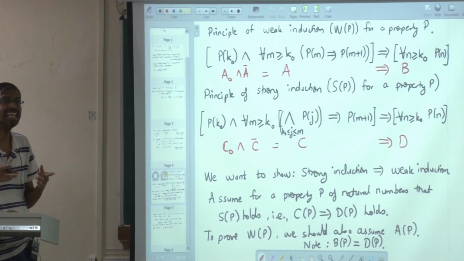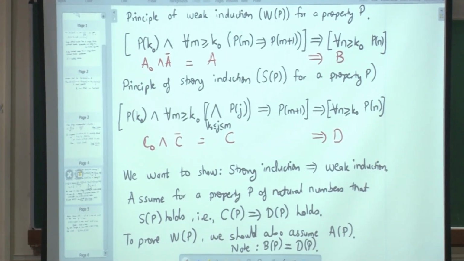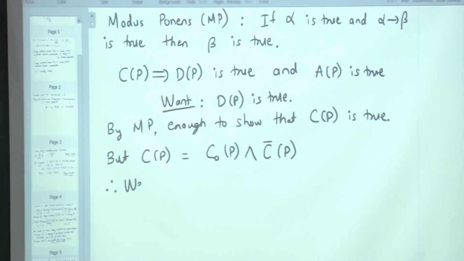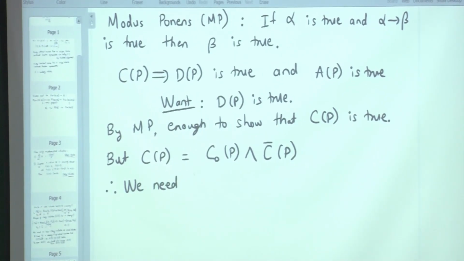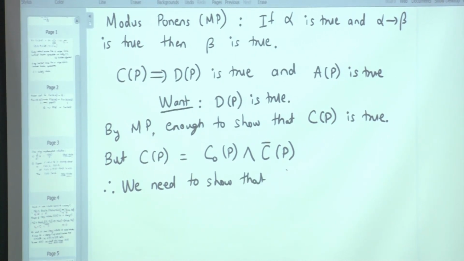So, when is a conjunction of two things true? When both of them are true. Yes, so therefore we need to show that C0(P) is true and C bar(P) is true.